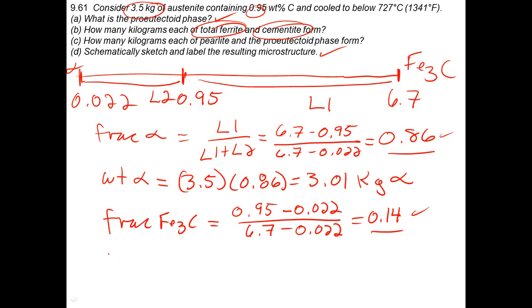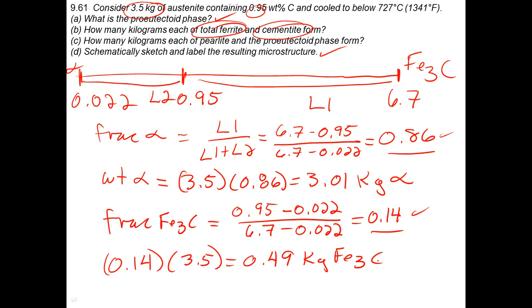And we can take that mass fraction times our total system weight to get 0.49 kilograms of cementite. Of course, we could have just simplified things and taken our original system amount minus the calculated amount of ferrite to get the same value if we wanted to. But we've done all the calculations here, and those two values are confirmed.